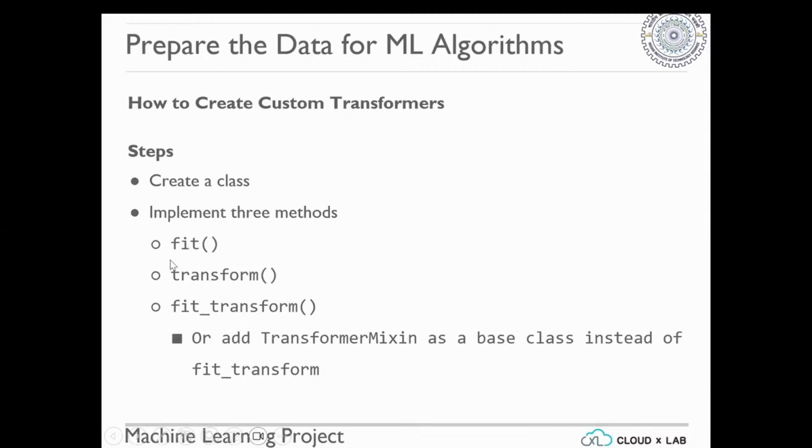Here we are using fit and transform separately, but in fit underscore transform we are doing both things in one single method. So either we can use fit transform, or we can use TransformerMixin as a base class to get both the fit and transform methods, right?